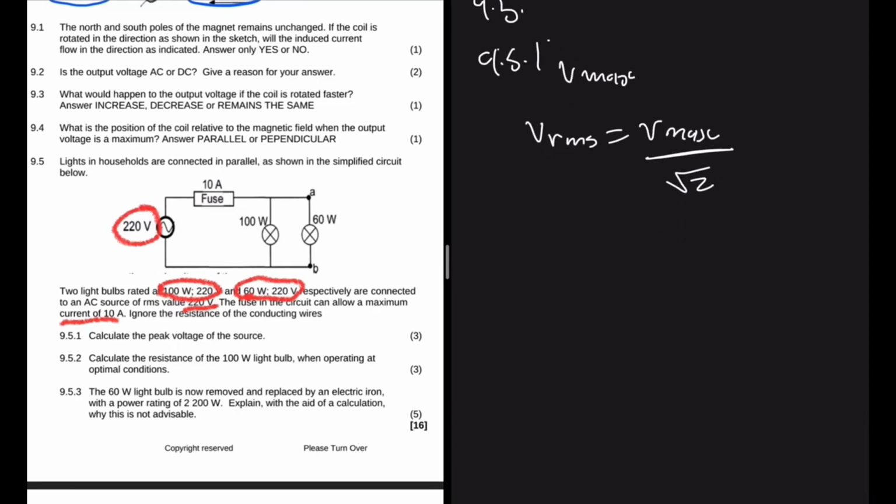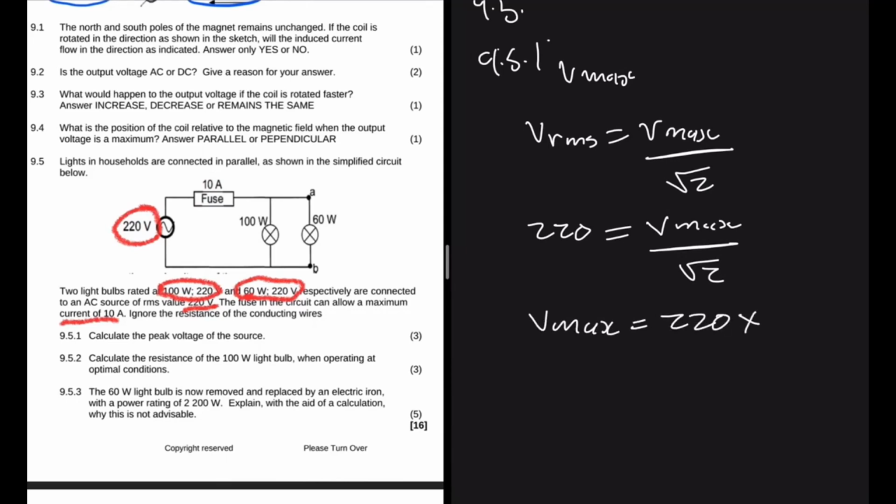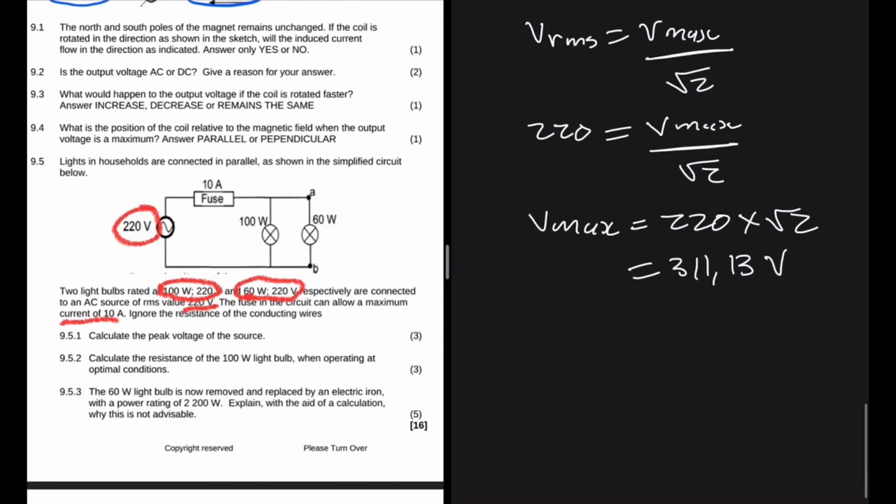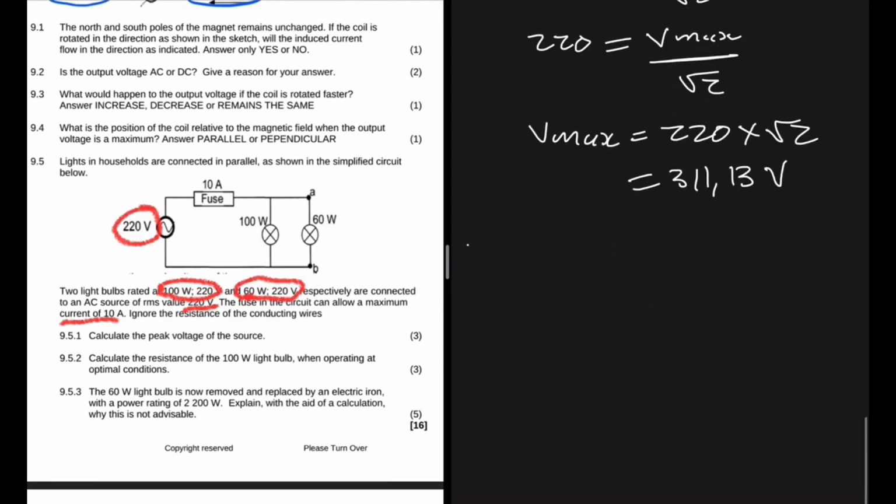Our VRMS is 220, which equals Vmax divided by square root of 2. So our Vmax will be equal to 220 multiplied by the square root of 2. If you do that, I'm getting 311.13 volts. I hope you're getting the same thing.